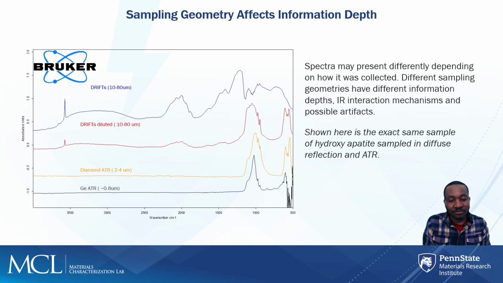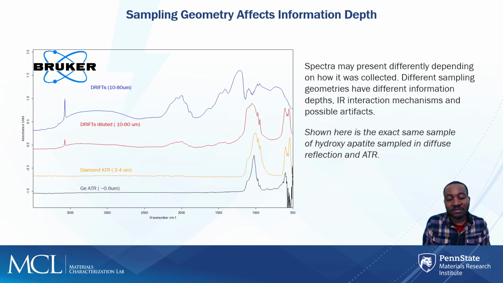For example, if you look at the DRIFTS spectrum of hydroxyapatite, you'll see a pretty distinct sharp peak at about 3,000 wavenumbers because of the OH vibration in that material. And if you look at a diluted DRIFTS spectrum, which is the one in red, that peak becomes a little bit smaller, and we start to see features closer to about 500 wavenumbers that we don't see in the blue spectrum.